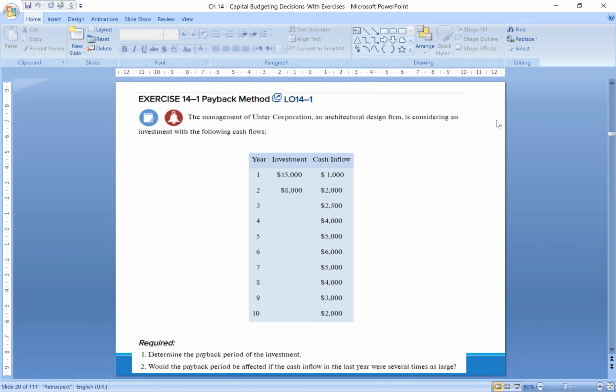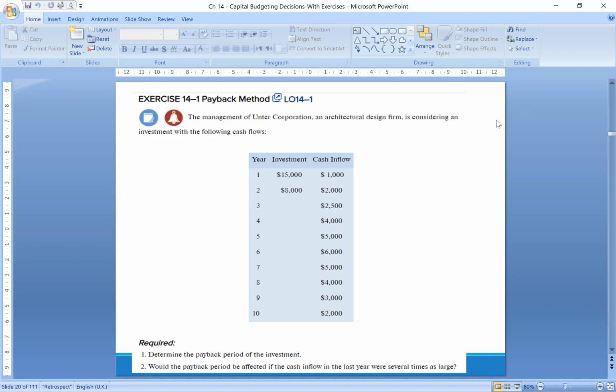What are the disadvantages of the payback period? Can you see this question here? The disadvantage of the payback period is that it ignores a good performance in the later years. So we are considering only the first years.